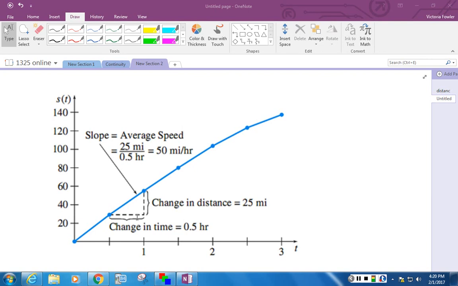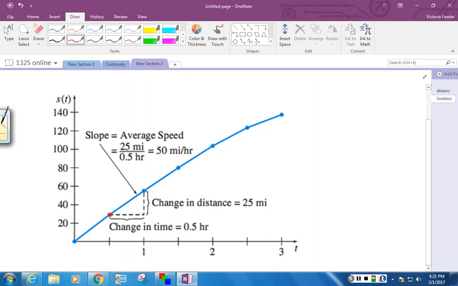But if I want to know the average speed, what I can do is essentially find the slope. That's what I'm doing. And if you notice, I'm going to put some points over here.